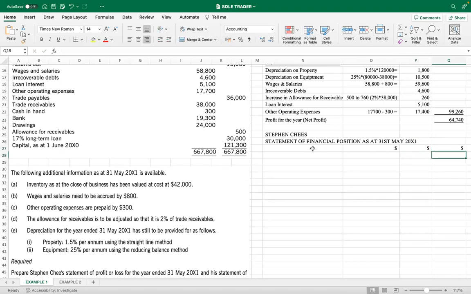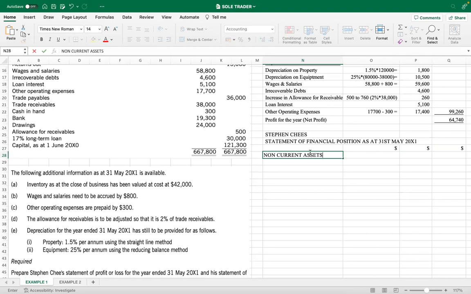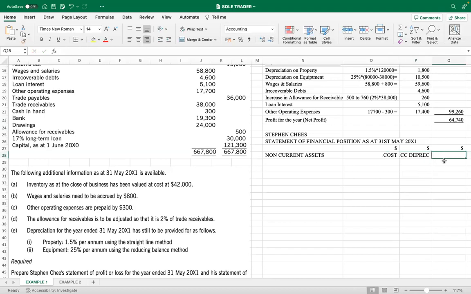Now, we normally start with non-current assets. We list the cost of the non-current asset. We look at the accumulated depreciation of the non-current asset. And we also look at the net book value of the non-current asset.